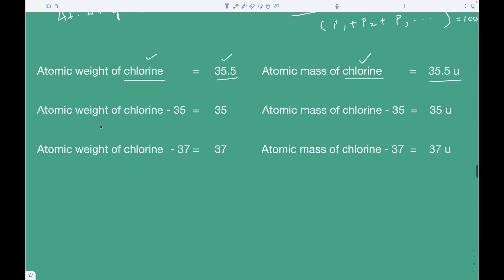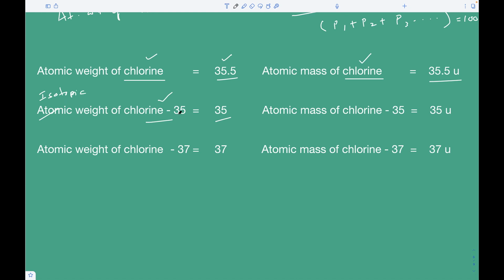Now, what is the atomic weight of chlorine 35? Here you can clearly understand that we are talking about a particular isotope of chlorine, and we know that its atomic weight is approximately 35. And we can call the atomic weight of a particular isotope isotopic weight as well.